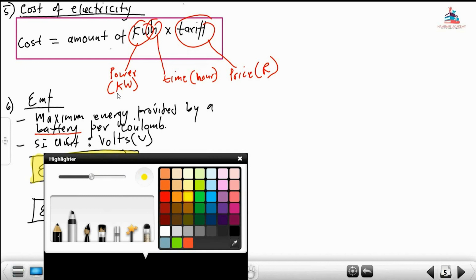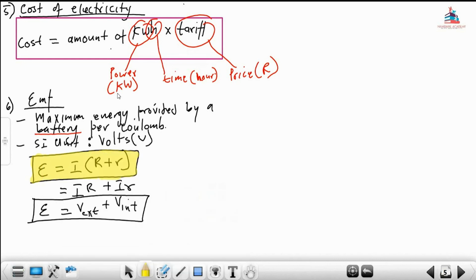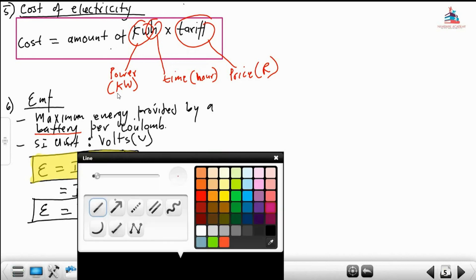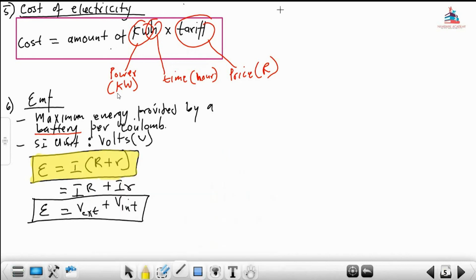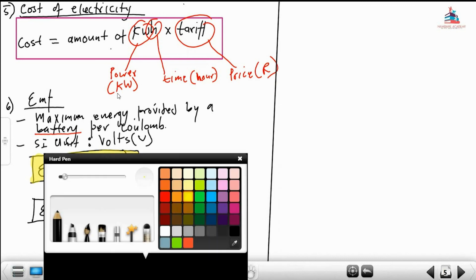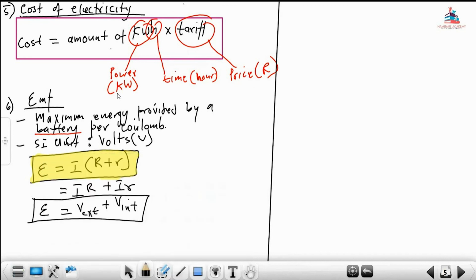What is this internal resistance? Internal resistance, let's have a line here. It brings us now to the element of internal resistance. Now at 7, we have internal resistance. So what is this internal resistance?